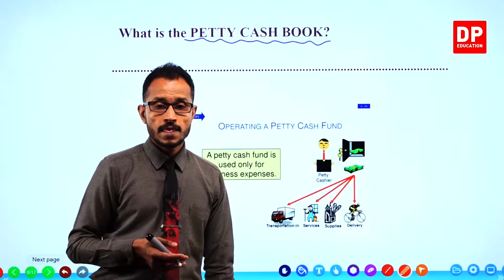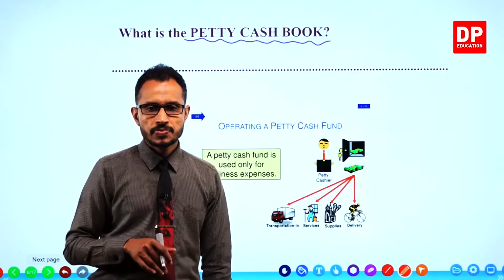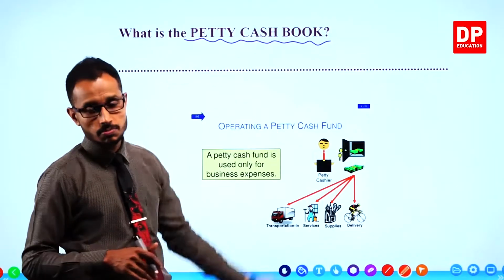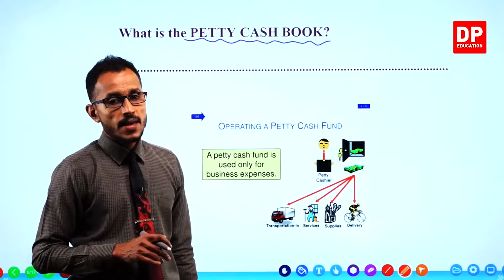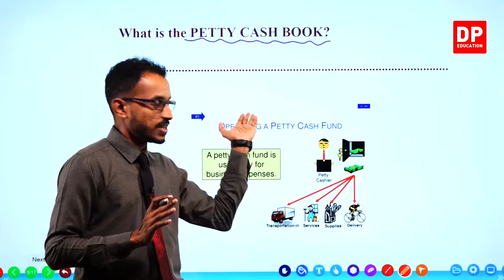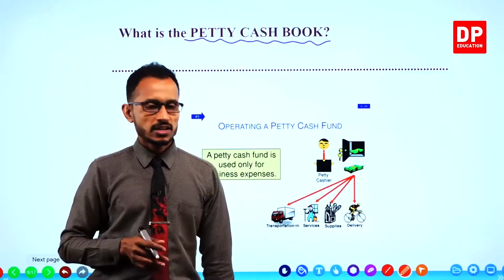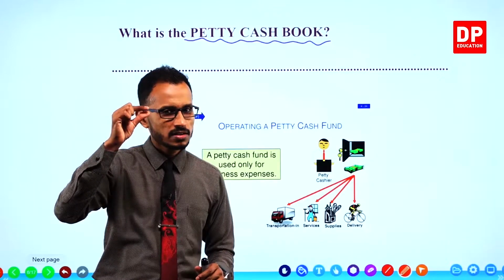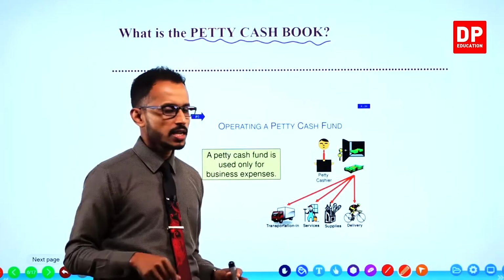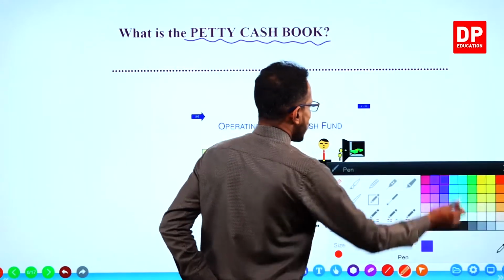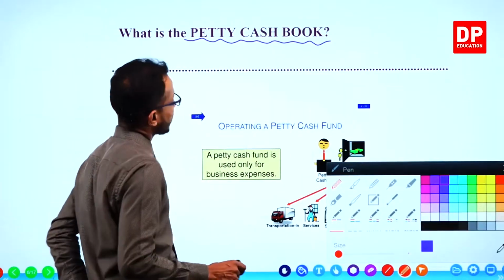Just like we learned, in that manner, the petty cashier prepares the petty cash book. And you must be aware that the petty cash book is a little bit different to the cash book. We are going to learn how to prepare the petty cash book soon.